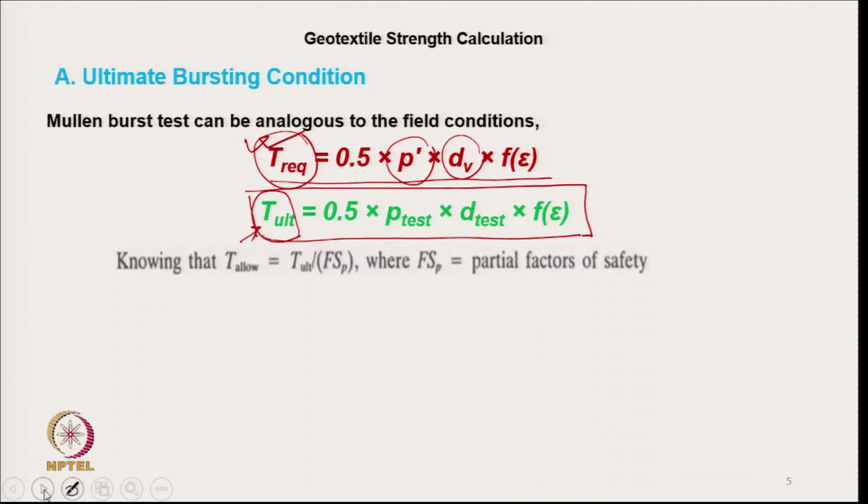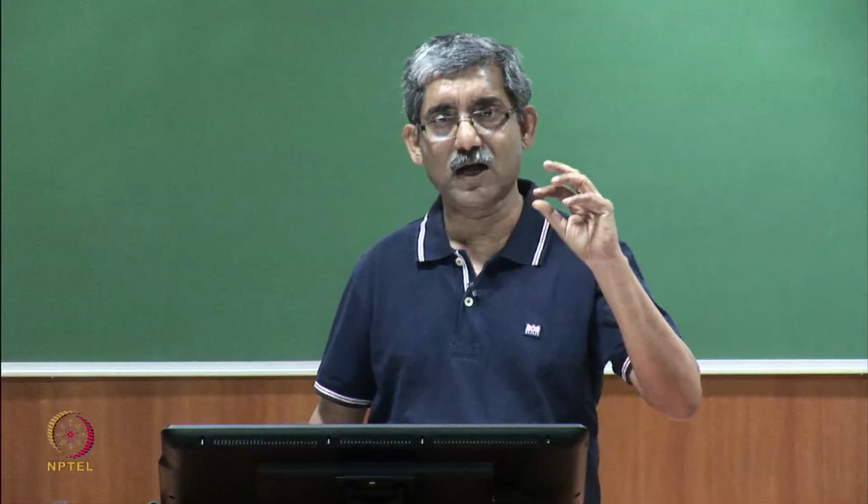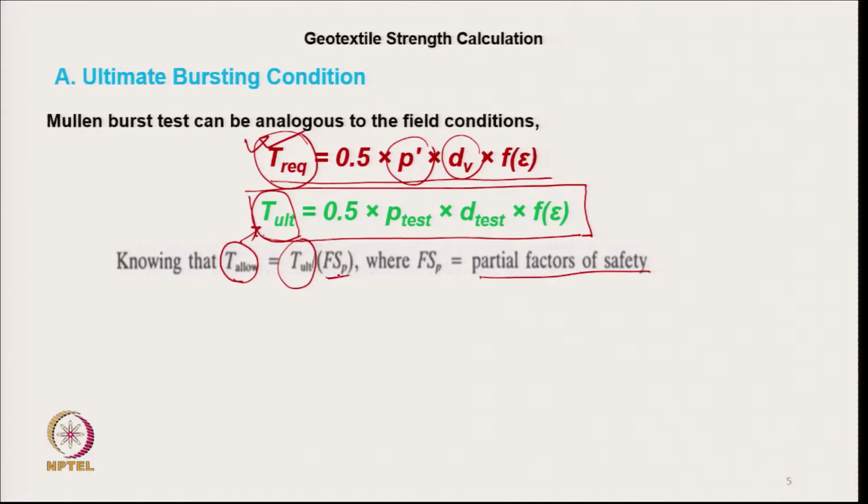and we know that allowable strength is equal to ultimate strength divided by partial factor of safety. Typically, we assume this particular partial factor of safety as 1.5, and if we assume it as 1, that means this ultimate strength is equal to allowable strength, but allowable strength we never go up to ultimate strength.